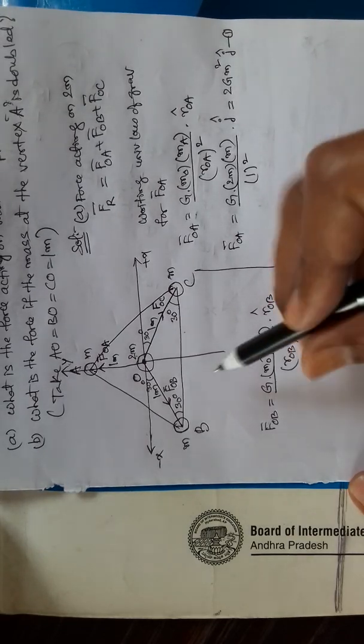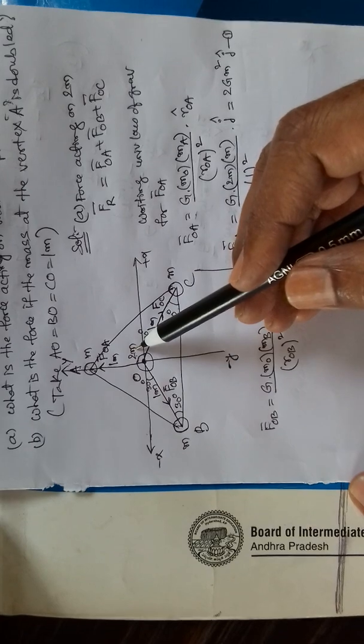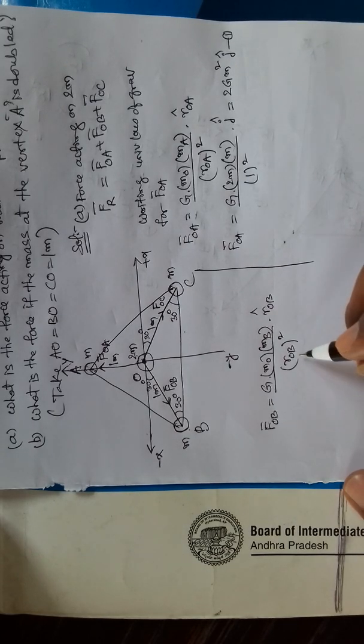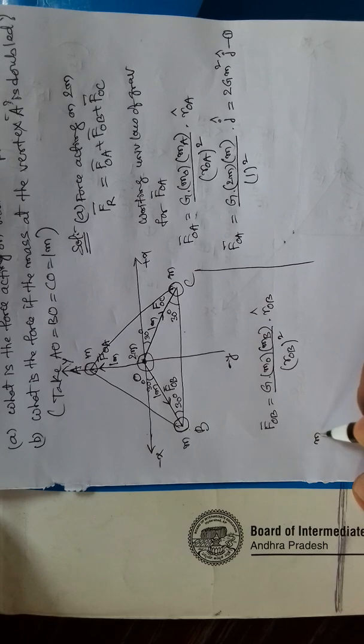Now MO is 2m, MB is m, ROB, let me write here.